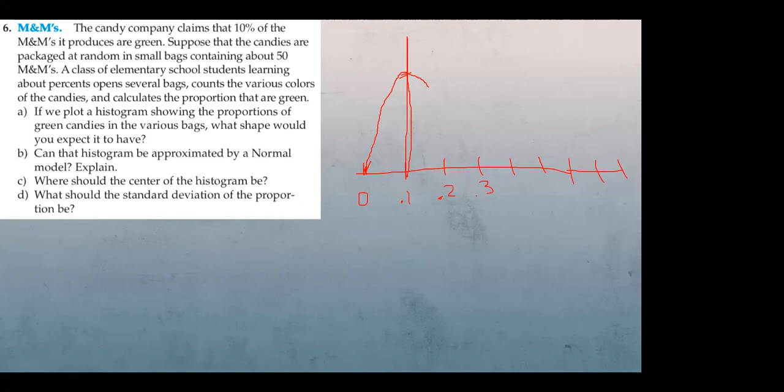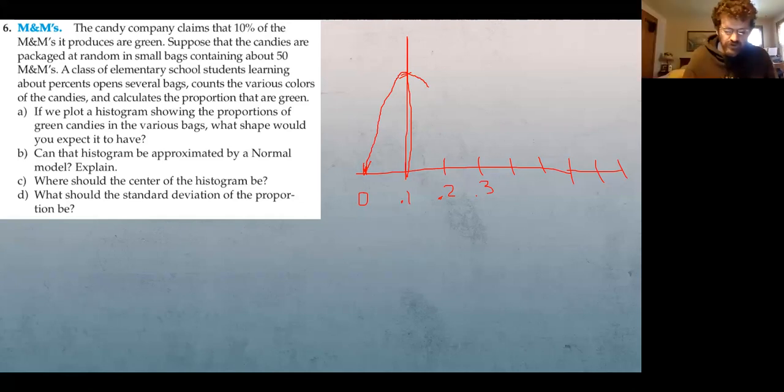Just thinking about this, we could have 30%, since it's just 50 in the sample size. 0.4 is unlikely, but we're limited on the low end, right? We can only go down to 0. So it's going to drop off right there. But here, it could theoretically stretch out a little bit, maybe like that.